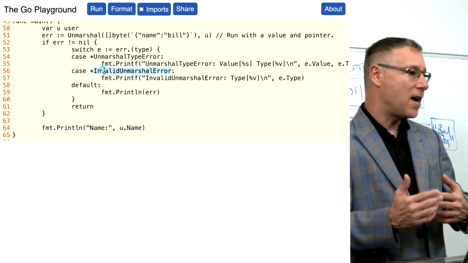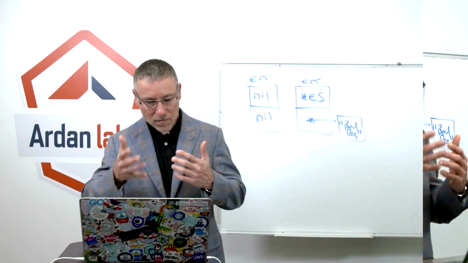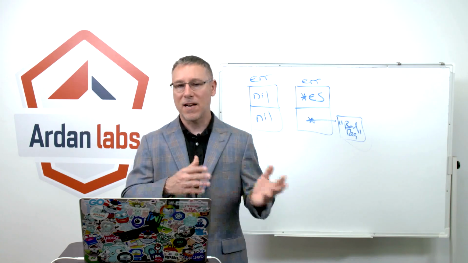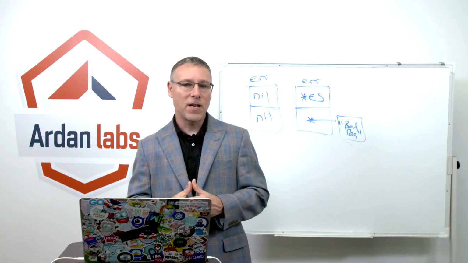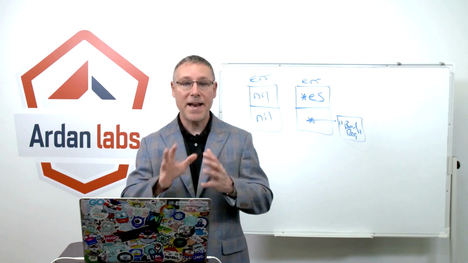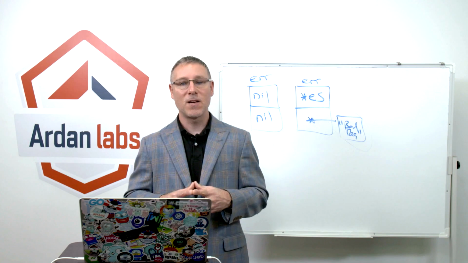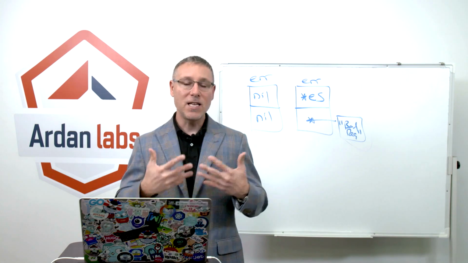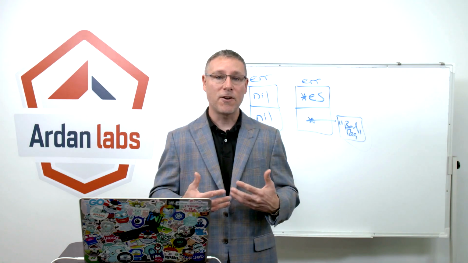Type as context. Now, this is cool, and there's a lot of practical uses of this type as context, not just for error handling, but for other things. But I always want to be very aware of the potential danger for type as context, because remember, the whole idea of error handling here was to maintain the decoupled state using the error interface.